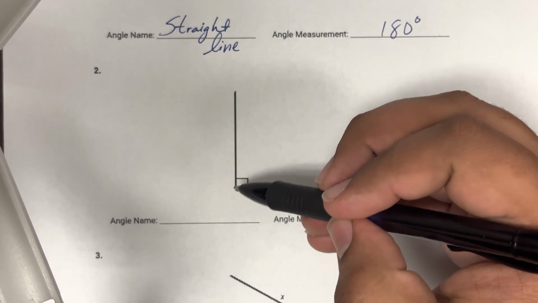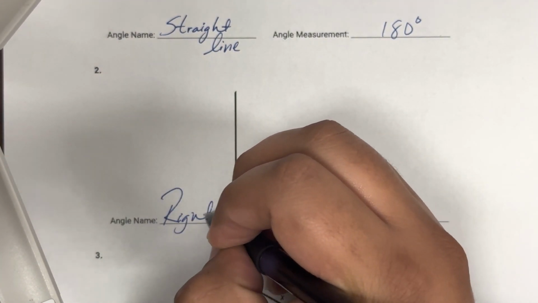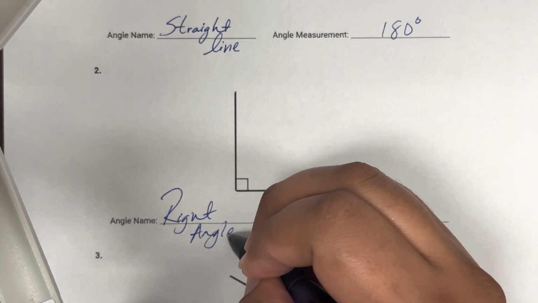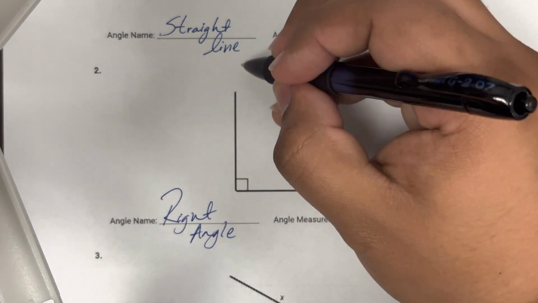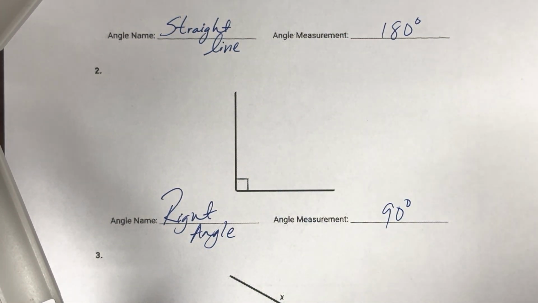Next one, this symbol calls for a right angle. Angle measurement is half of a semicircle, which is 90 degrees.